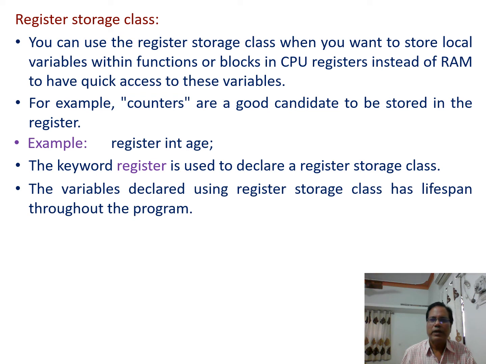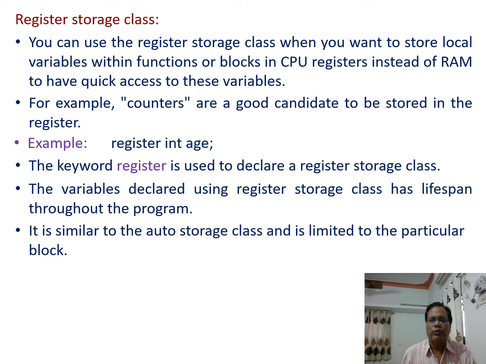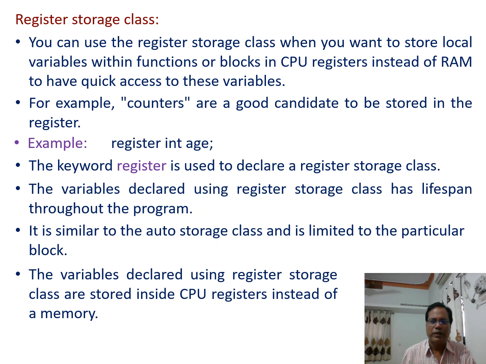The variable declared using the register storage class has a lifetime throughout the program. It is similar to the auto storage class and limited to the particular block only. The variables declared using the register storage class are stored inside CPU registers instead of memory.